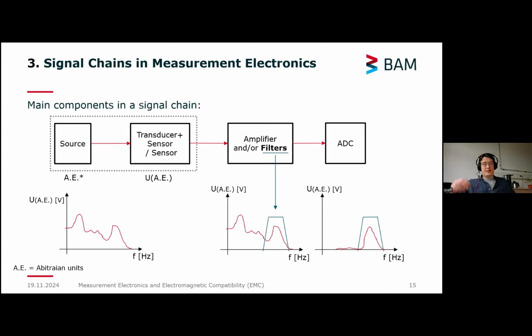So as I said, sometimes the signals have frequency components you don't want to include in your measurements because they're not important.